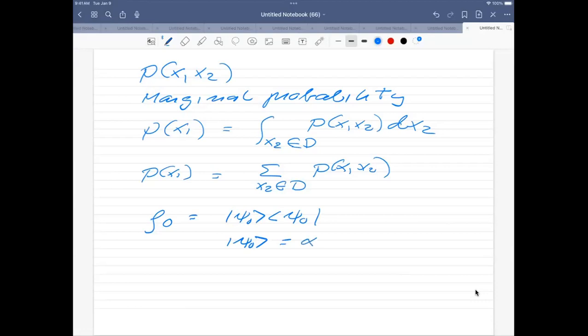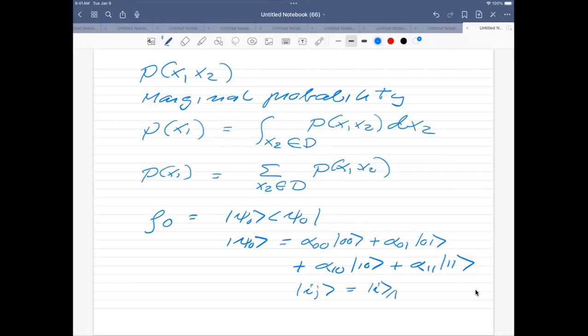So this is given by some coefficient alpha 0,0 times the state 0,0, plus an alpha 0,1 times 0,1, plus an alpha 1,0 times 1,0. These are just the coefficients you get when you diagonalize that matrix. And then I have an alpha 1,1 of the state 1,1.